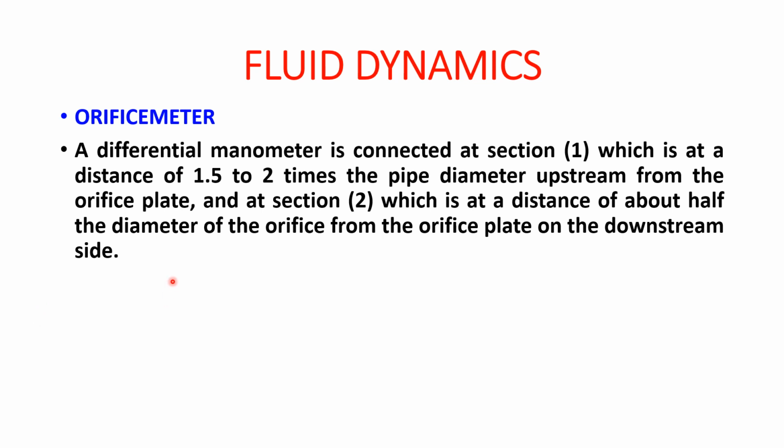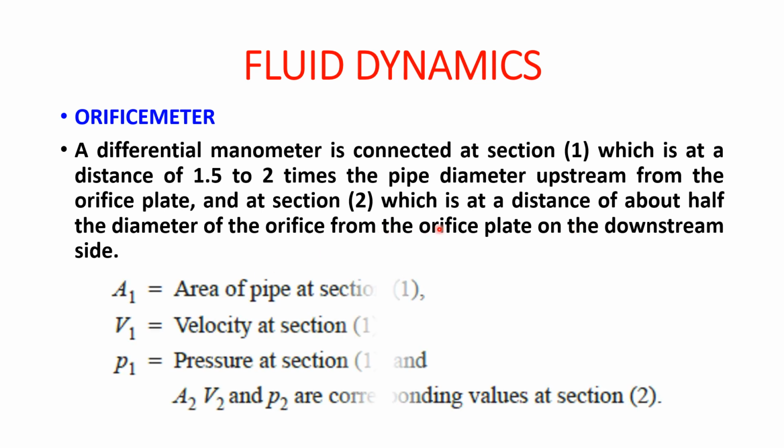The meaning of this sentence is, if the diameter of the orifice is, suppose, 3 centimeter, then the vena contracta section will be half of that, 1.5 centimeter from the orifice. Therefore the vena contracta section is observed there.